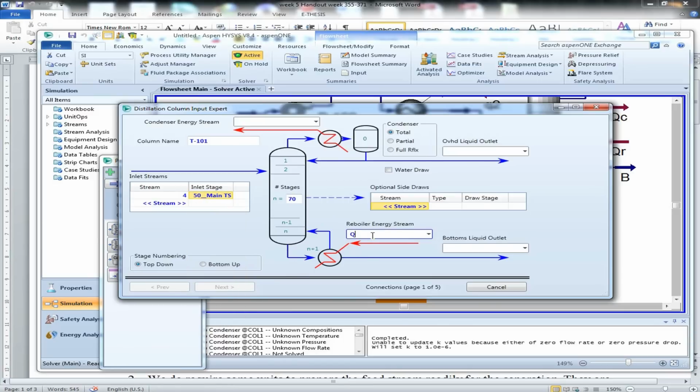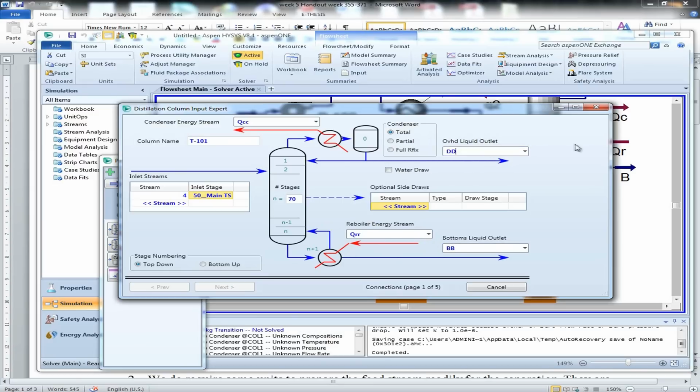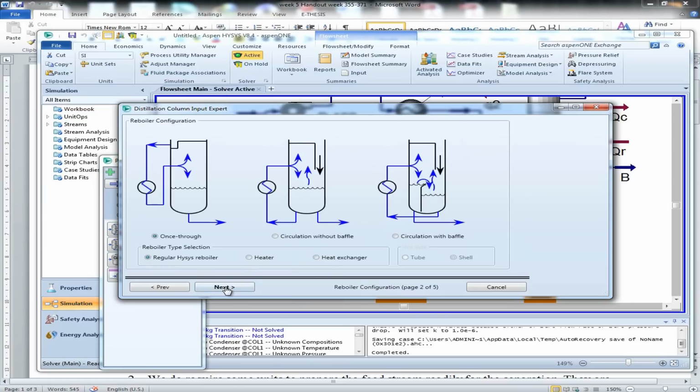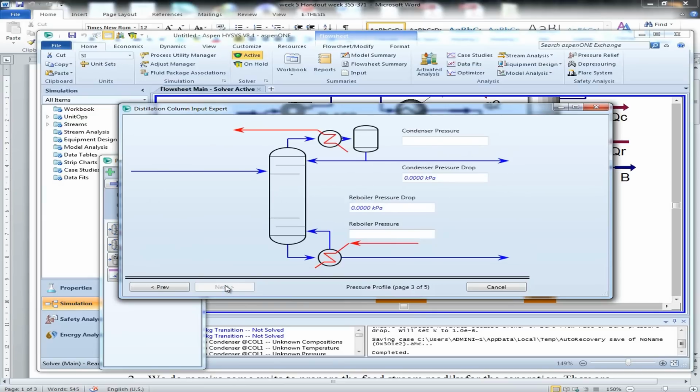Let's put that QR and QC, and make that B and D. Okay. Now, the button next pops up, so we can click that. Just leave it that way. And pressure as 300 and 290 here.